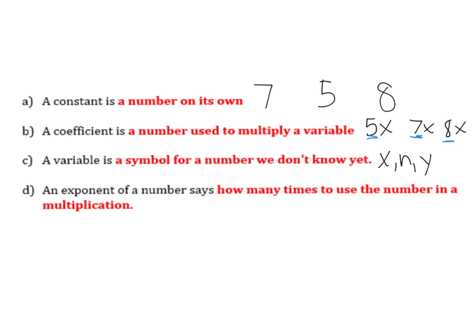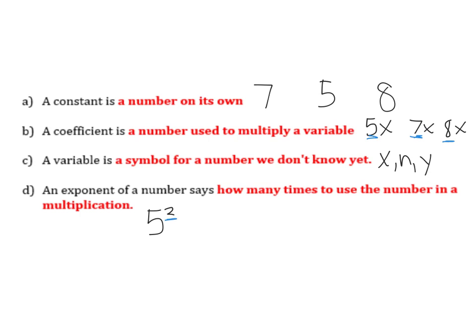What's an exponent? An exponent of a number says how many times to use the number in the multiplication. So we've also been using the term degree to talk about this. And so if I have a number like 5 to the power of 2, the exponent is 2. And it simply means 5 times 5.